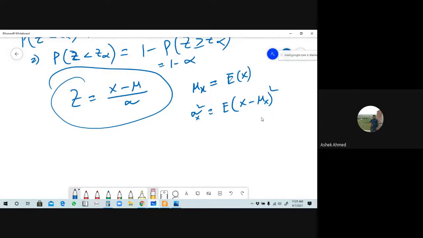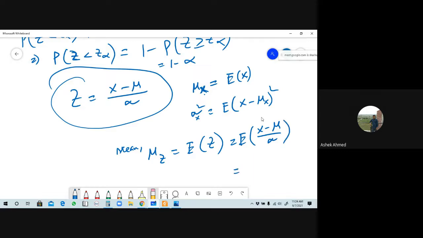Okay, now from here tell me the value of the mean of z. Since we know this is the mean of the random variable, the mean of z, denoted by mu suffix z, will be the expectation of z, is it right? So the mean of the random variable z will be the expectation of z, which is the expectation of x minus mu by sigma here.